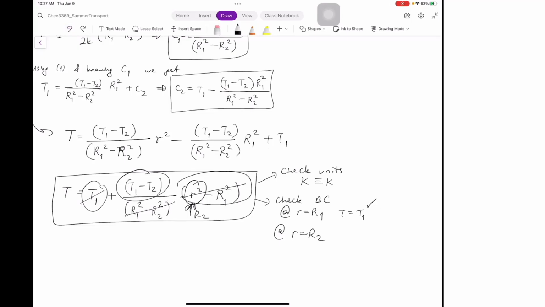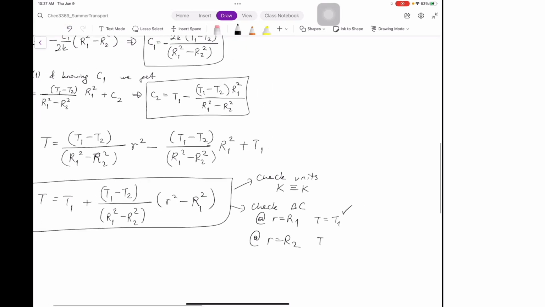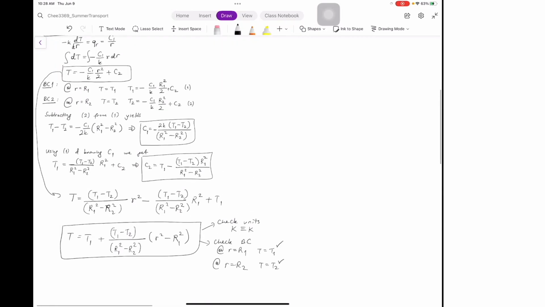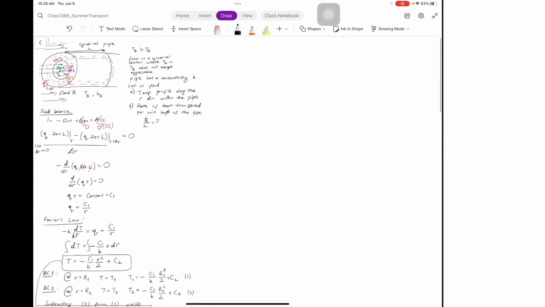Okay, so that's correct. But I could have made a mistake, so T is equal to T2, that's a check mark. Okay, so that's my temperature profile with respect to T1 and T2, but you should actually find out T1 and T2 in terms of TA and TB, right?